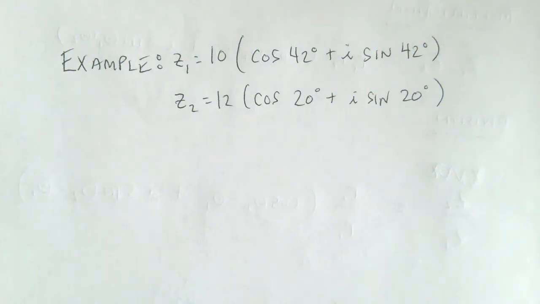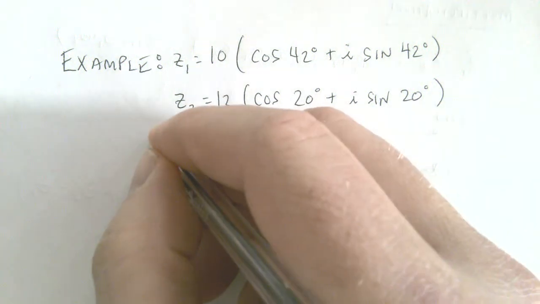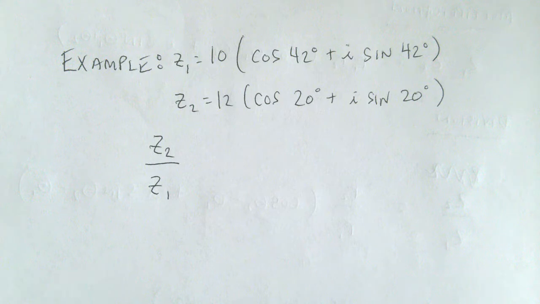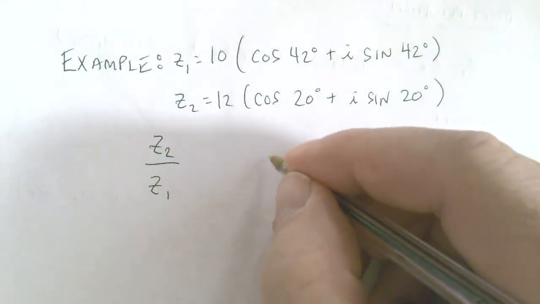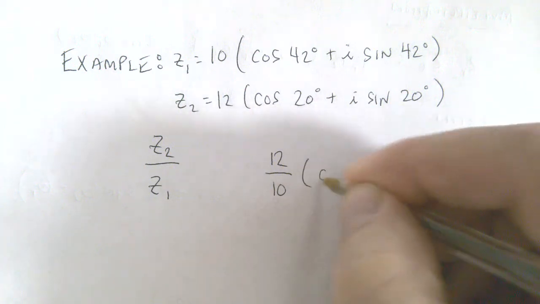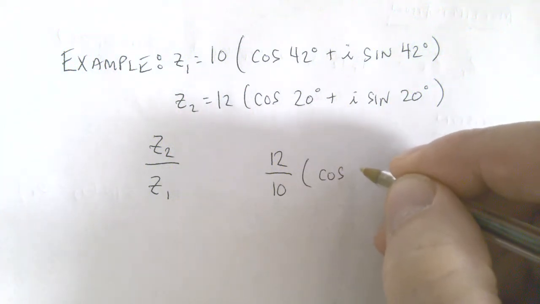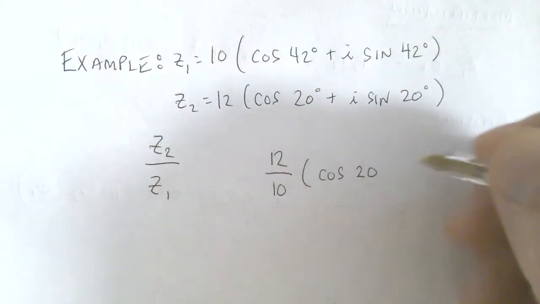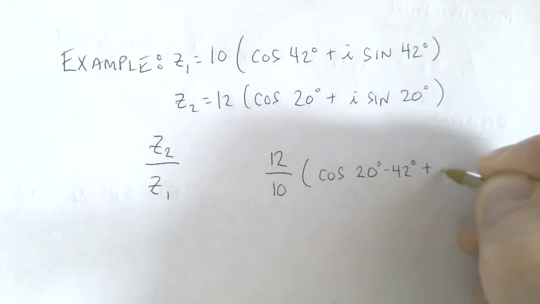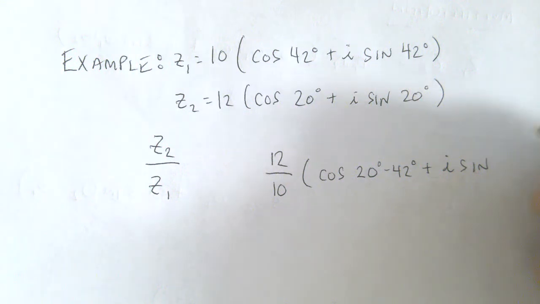Okay, so for a division example, we're going to do the same Z1 and Z2, but we're going to do Z2 divided by Z1. So what we end up doing here is we're going to take 12, that's the radius of the second one, divided by 10, times cosine of 20 minus 42 plus I sine 20 degrees minus 42 degrees.